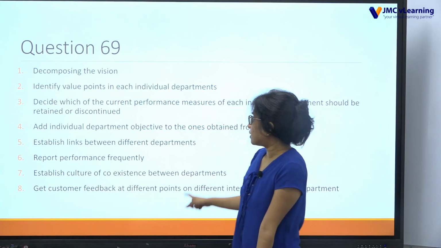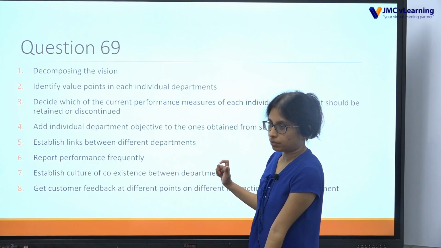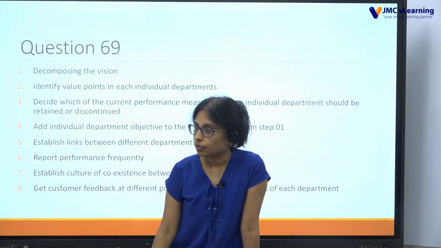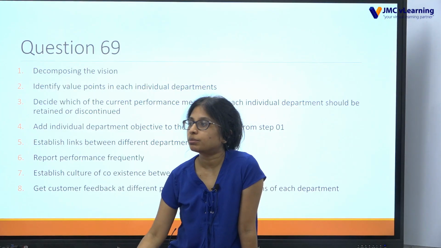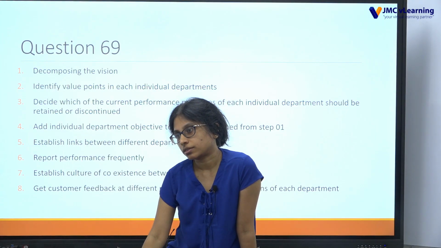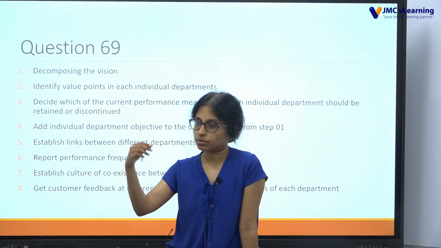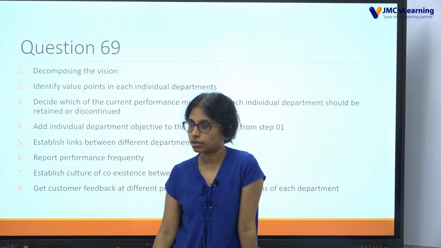Okay, right. Establish links between different departments. That means there will be coexistence. No? Without someone doing this, the other department can't do something. Okay, now for example, let's say you have a stores department.